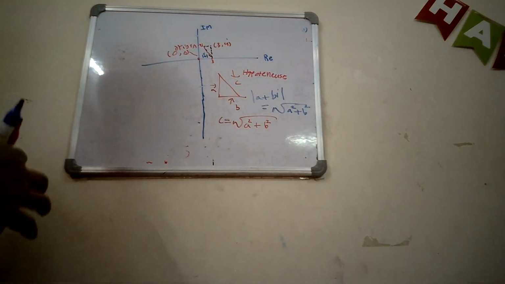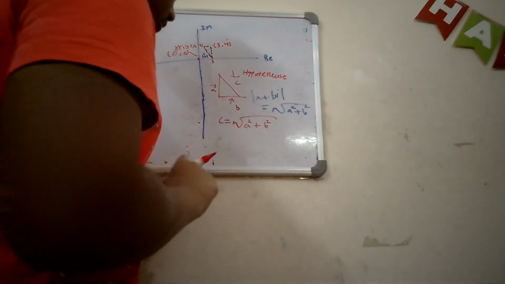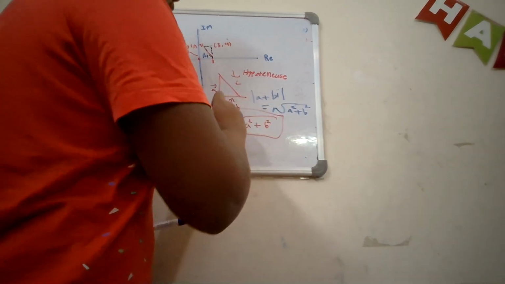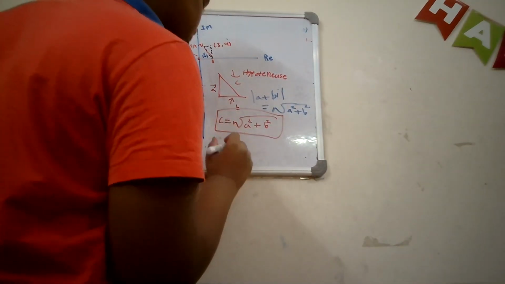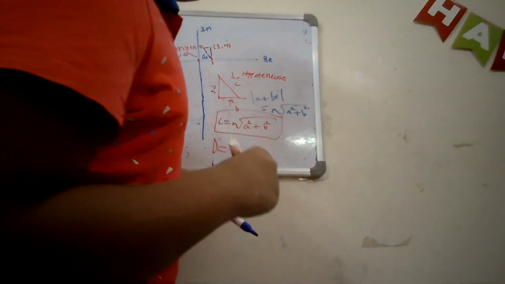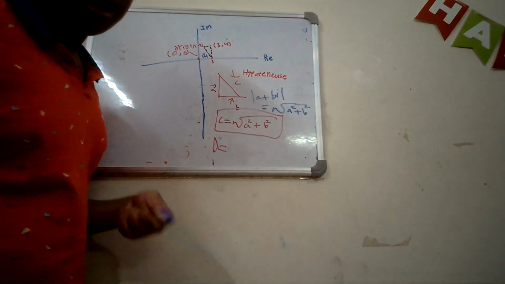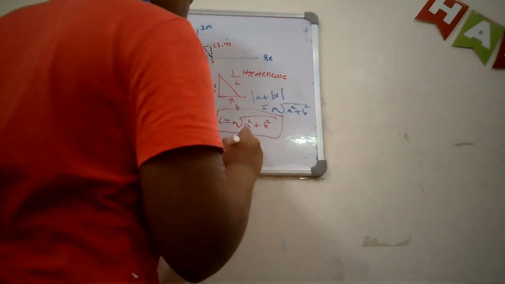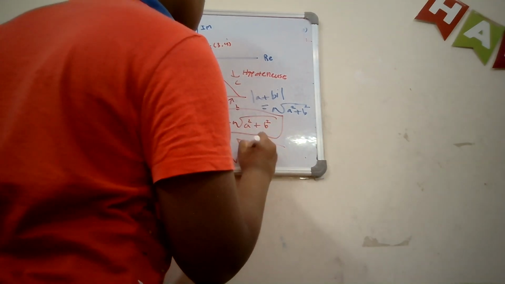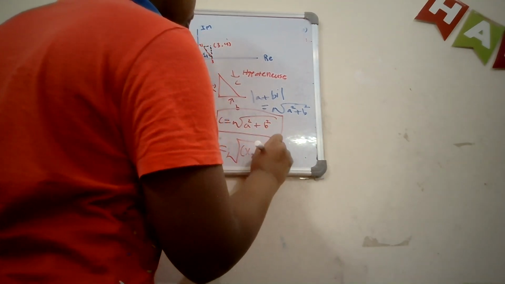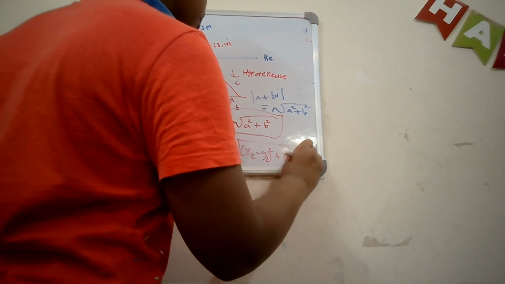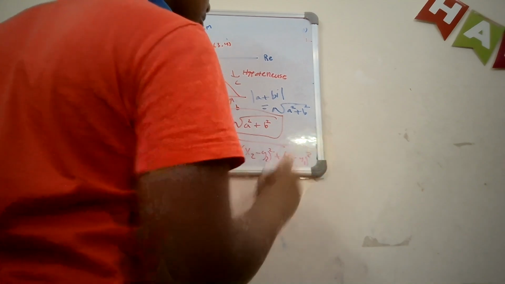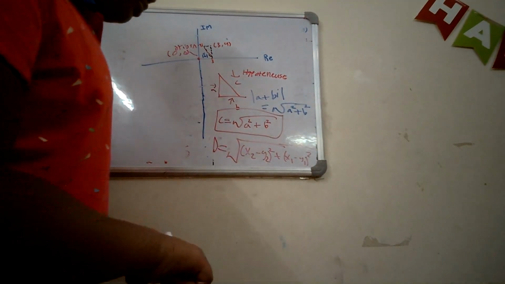So now we have this. C is equal to the square root of A squared plus B squared. Now look at the distance between 2 points formula. It would be to find the distance between 2 points x2, y2 and x1, y1. We get the square root of x2 minus y2 squared plus x1 minus y1 squared. And something is familiar, right?